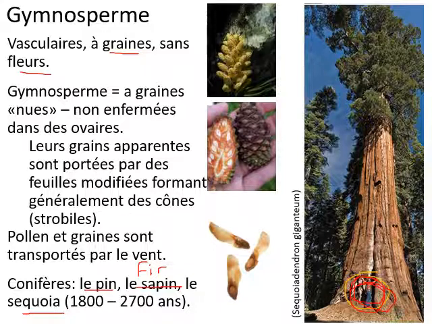And sequoias are some of the longest living species. They're estimated to be 1,800 to 2,700 years old. So that means before Christ was born, these sequoias, which live in California and western US, were growing. They were born before Christ.